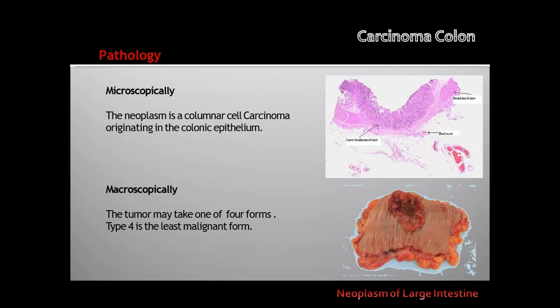The tumor mostly arises from the colonic epithelium. Mostly they are adenocarcinomas, and macroscopically the tumor may take one of four forms.